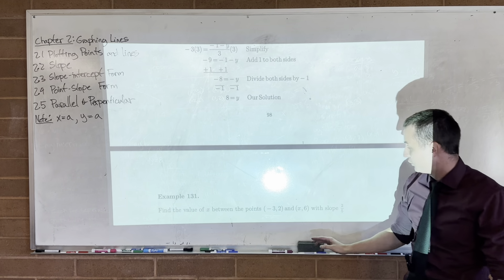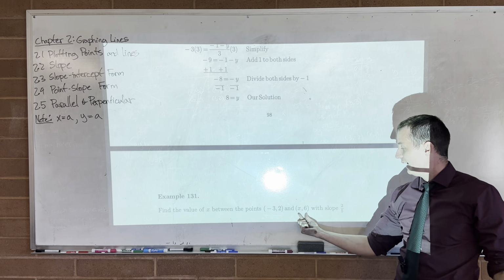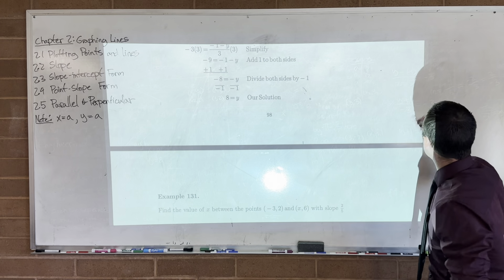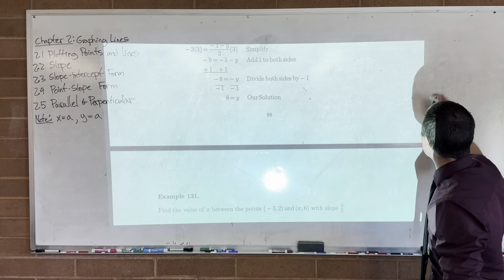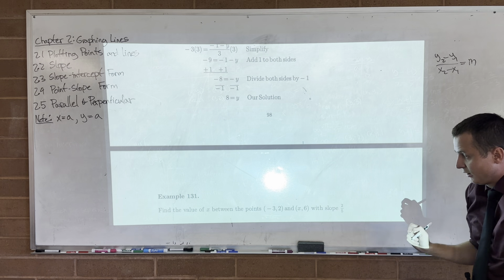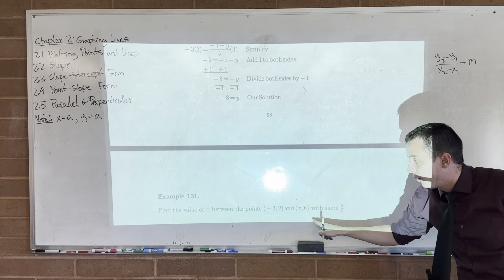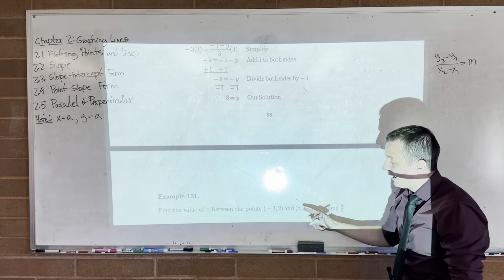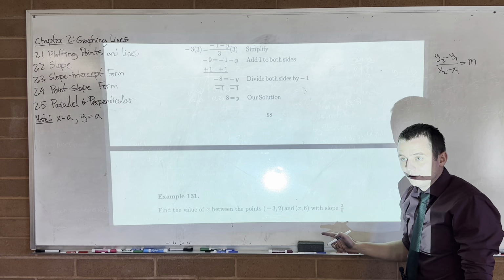So this time we have 2 points, (-3, 2) and (x, 6). And our slope is 2/5. So our equation is always and forever, y2 minus y1 over x2 minus x1 is equal to our slope m. Now it doesn't matter which one we call which. So which one should be our x2, y2, which one our x1, y1?